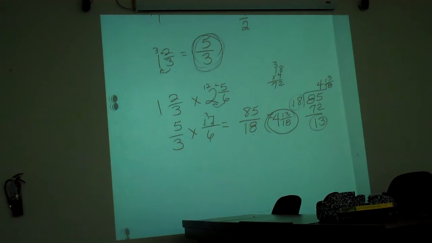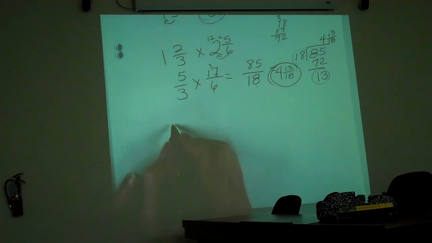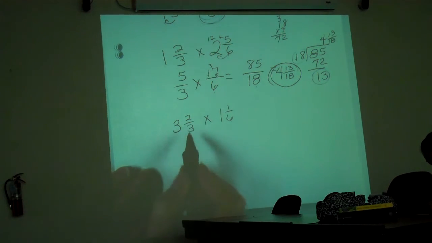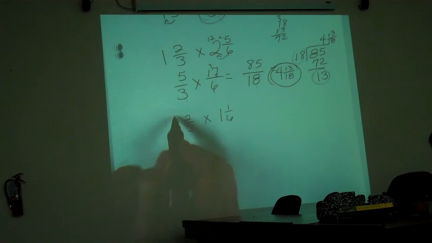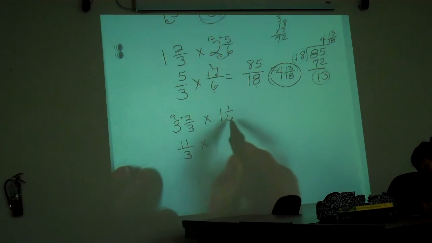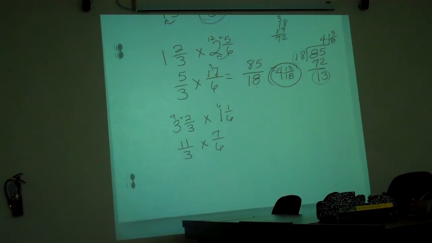Okay, we'll do another one like that. Let's say we have 3 2/3 times 1 and 1/6. 3 times 3 is 9, plus 2 is 11/3. 6 times 1, 6, plus 1 is 7/6.